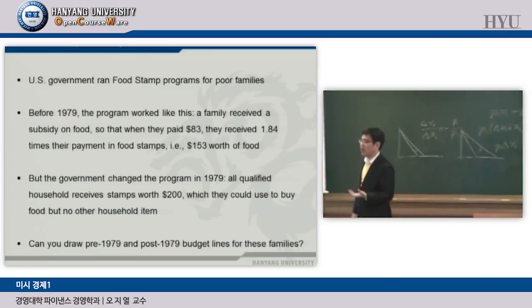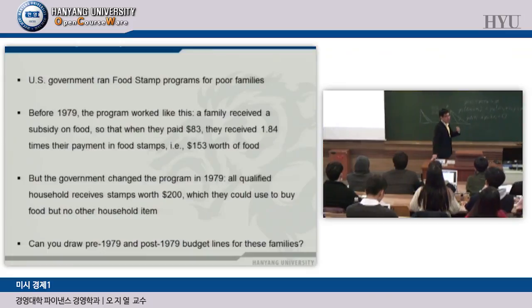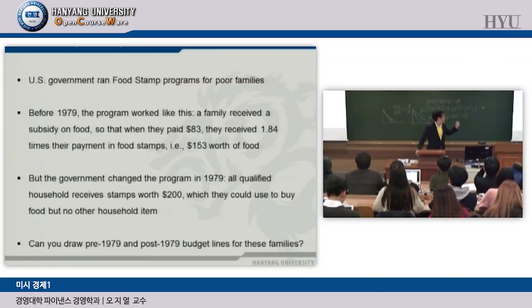Now, for a 4-person family with 2 people working and earning $200 or whatever, in that particular case, when you pay $83 to the government, you receive 1.84 times that payment amount in food stamps. In other words, $153 worth.